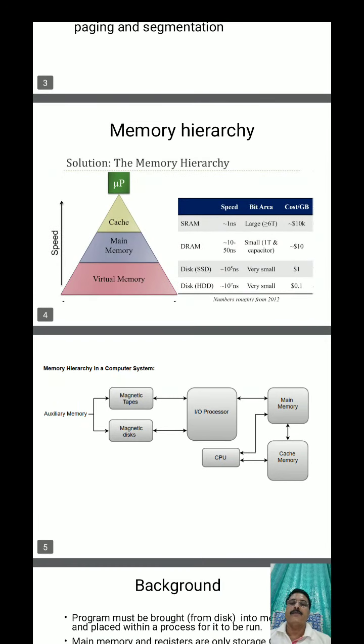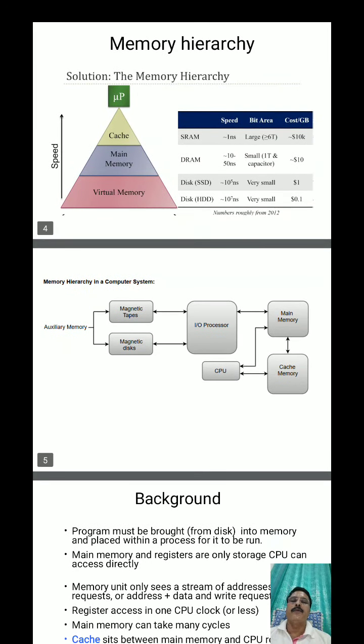There's another way of showing the memory hierarchy in a computer system. As shown in this diagram, cache memory is interfaced or placed between main memory and CPU. So the CPU can access the required information if it is present in the cache memory.